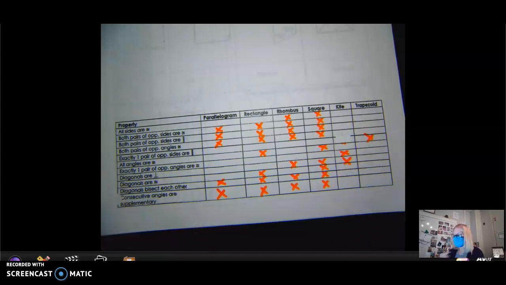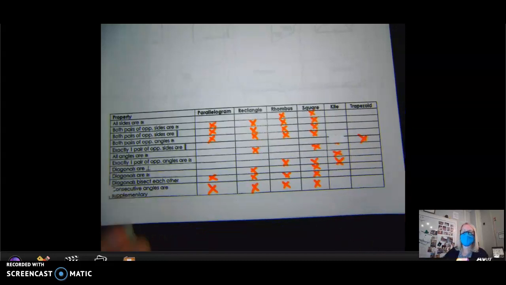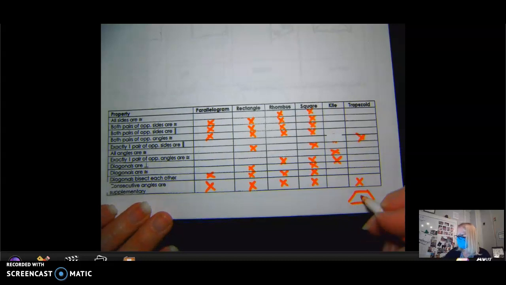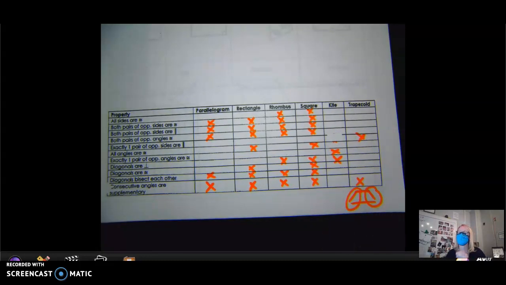Sorry, my fault. Okay, so a trapezoid, exactly one pair of opposite sides are parallel, and what's the only other one? Possibly, yes. This is the one we're going to mark. When we talk about the consecutive angles, it's only these with these, though. So it's not the top two with the bottom two. So that one's kind of, but kind of not.